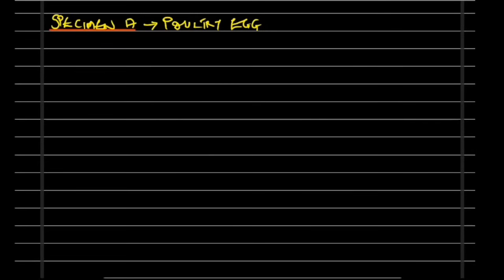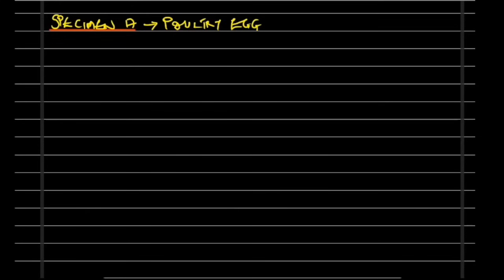So what are those things that we want to say about the poultry egg? Number one, the poultry egg has a calcareous nature which provides mechanical protection to the content. The egg has an outer coating, we call it the shell. It has this shell which is very strong, and it provides mechanical protection to the content of the egg.